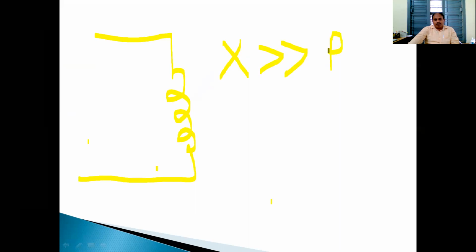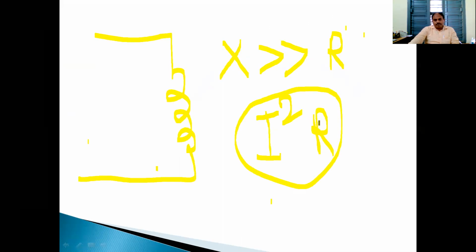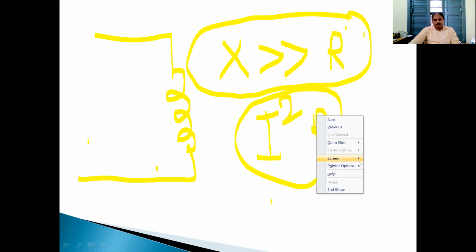Because if we design it with more resistance, there will be more copper losses, since copper loss is I square R, and more copper losses means the efficiency of the transformer decreases. To avoid that, the resistance of the coils is designed with minimum value. So reactance is very, very high as compared to resistance in transformers.